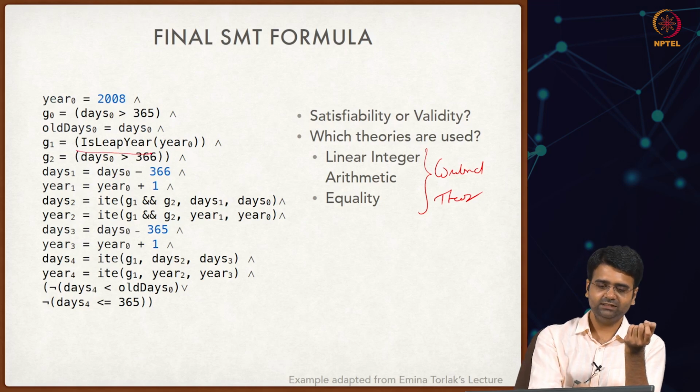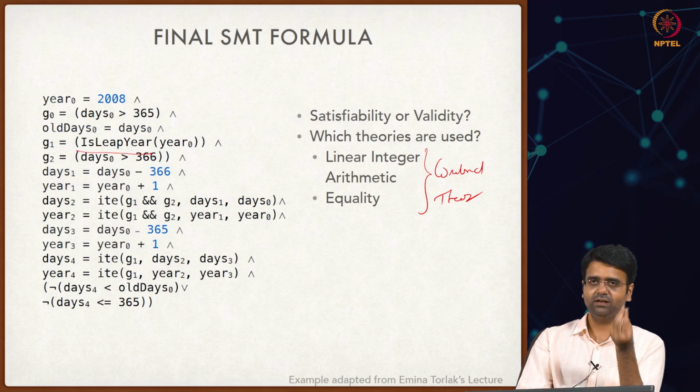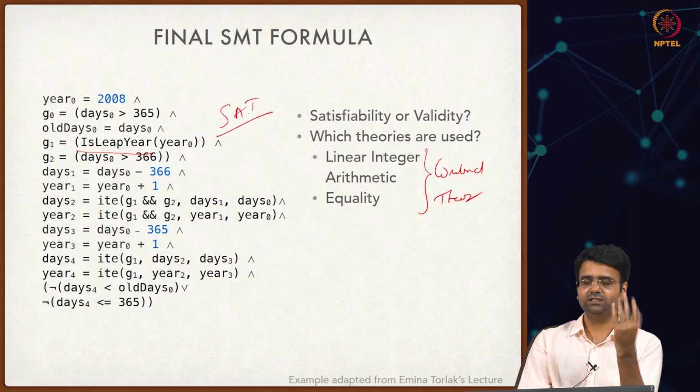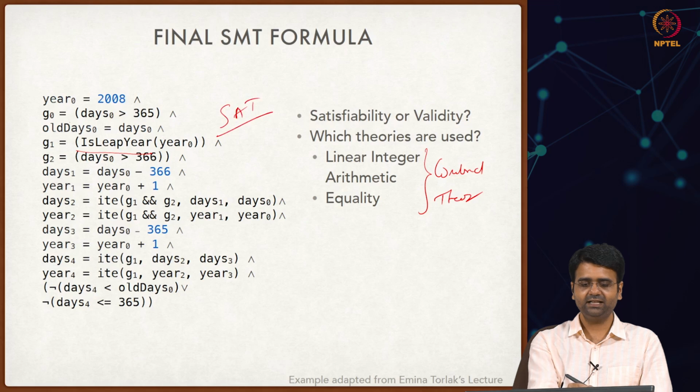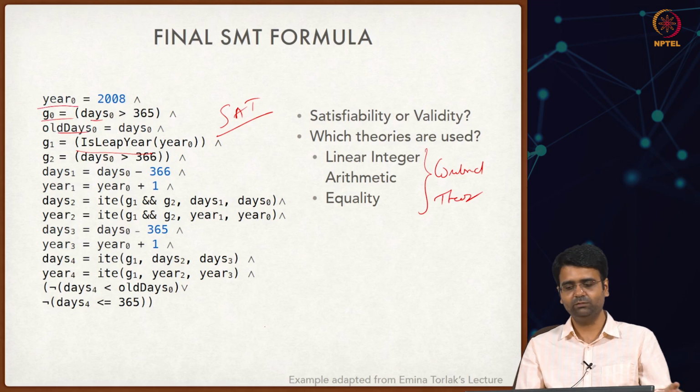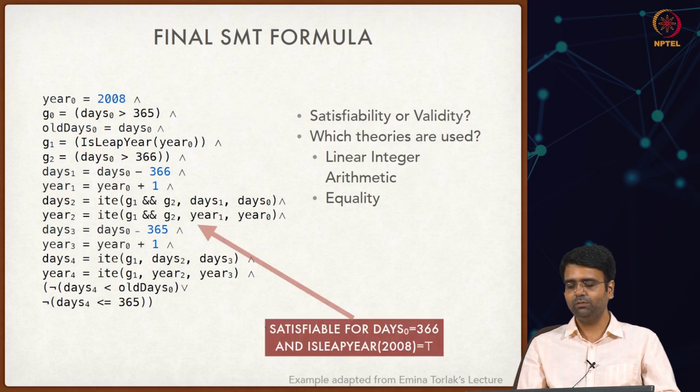And in fact, in this combined theory, the question that you are asking is this formula satisfiable or not. So is it satisfiable? Does there exist a value of all of these variables such that this entire formula becomes satisfiable? And in fact, this formula is satisfiable. So for day 0 equal to 366 and is leap year 2008 equal to true, this formula is satisfiable.